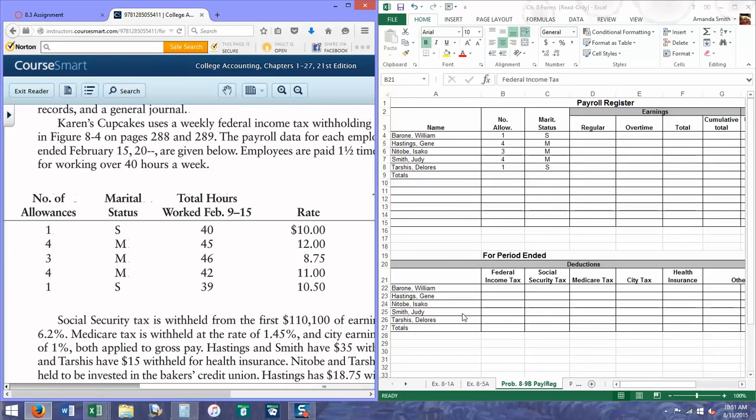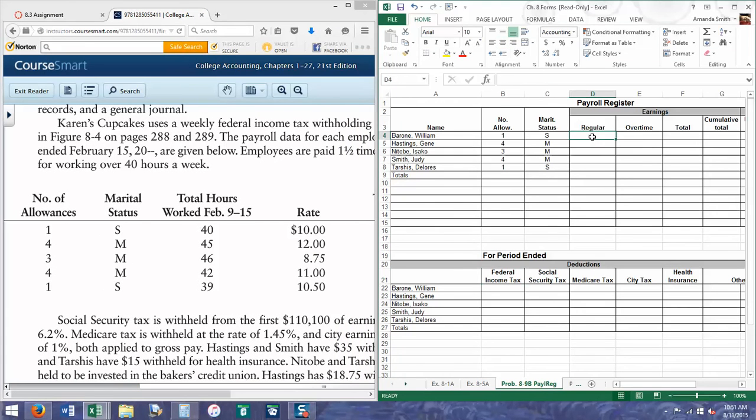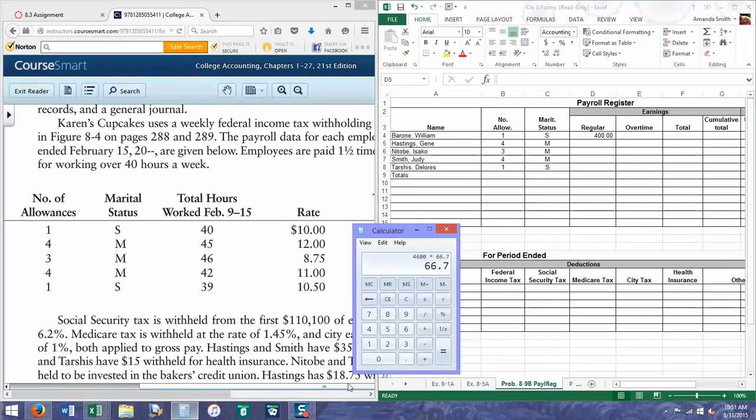Okay, so he worked 40 hours at $10 an hour, so that's $400. In the earnings columns, you're going to put amounts, not hours worked. The next employee worked 45 hours, but at $12 an hour, but some of that is overtime.